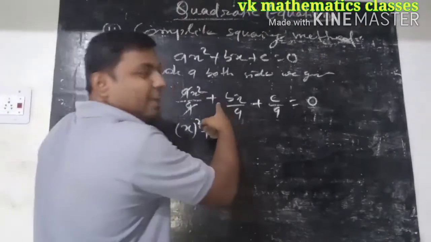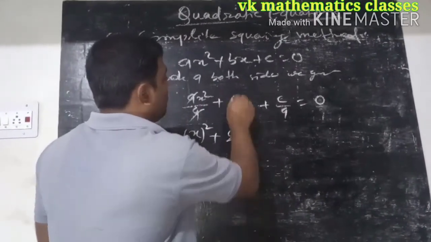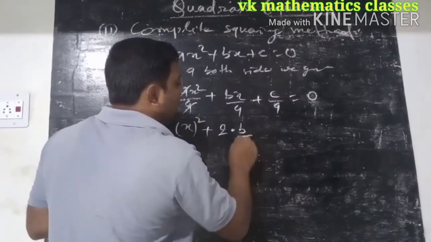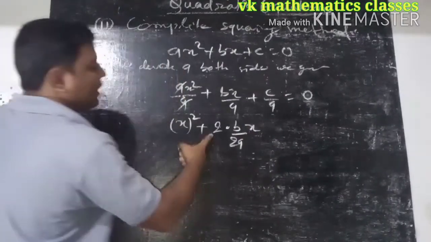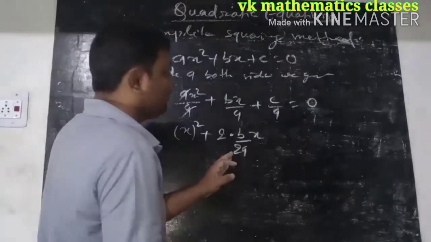Now we multiply and divide by 2, and we get 2 into b by 2a and x, so the 2 cancels here. So this is equal to this much, no change in this term.